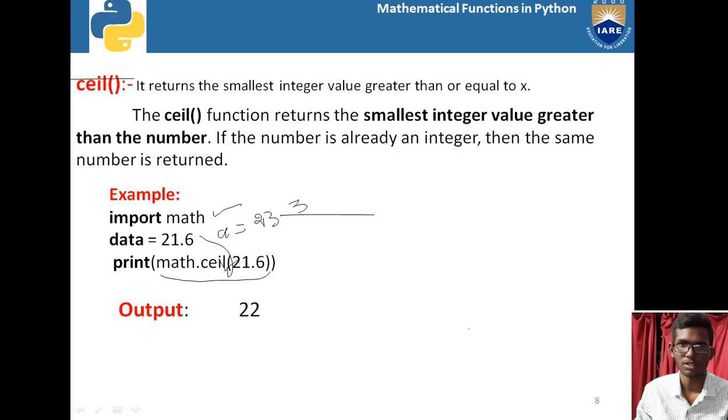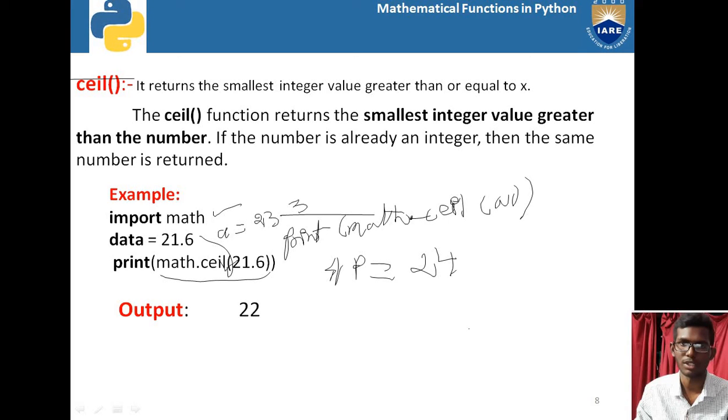Print math.ceil a. Now we get output as 24, because we get the output as a greater number when compared to a.